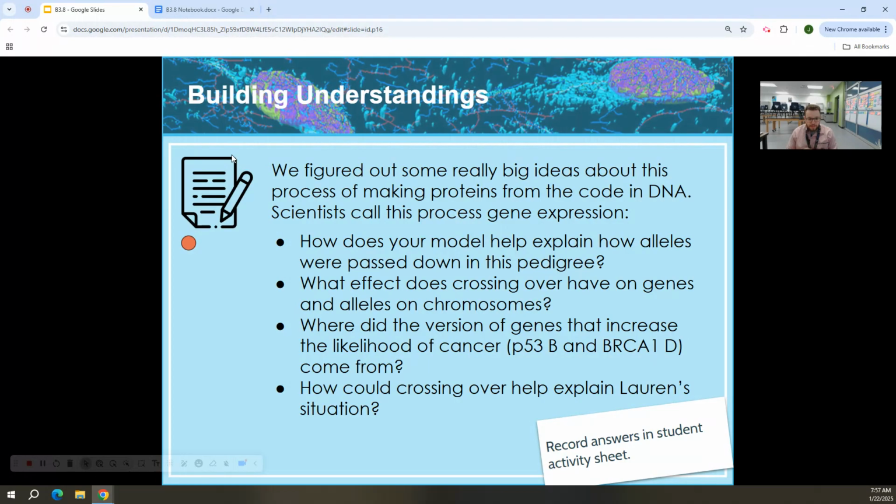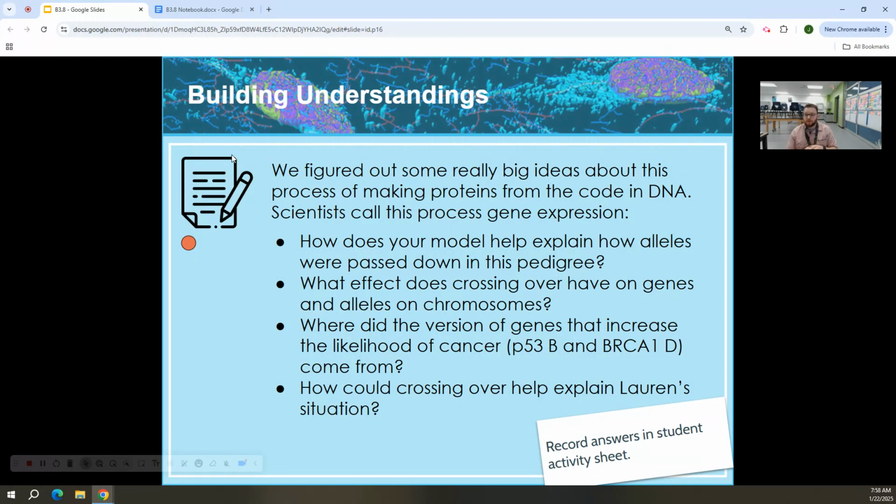Where did the versions of genes that increase the likelihood of cancer, P53B and BRCA1D, come from? In Lauren's case, in the pedigree we just looked at, where did those genes actually come from? How was it possible for an offspring to have the B and the D allele when neither of the parents had that? How could crossing over help explain Lauren's situation?